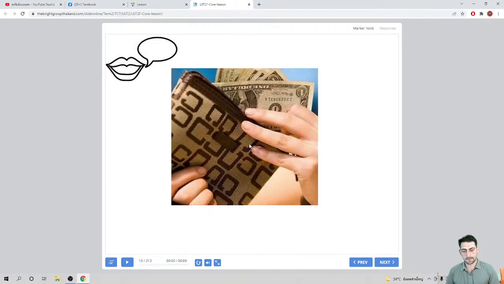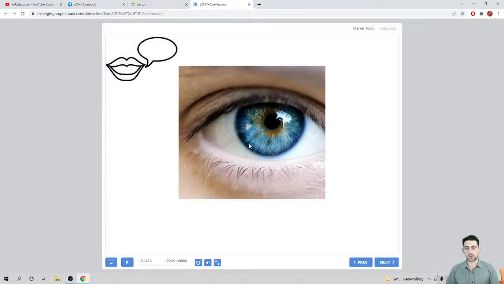Can we remember number 1? Spend, spent, spent. Sorry, spend, spent, spent. Number 2, see, saw, seen.